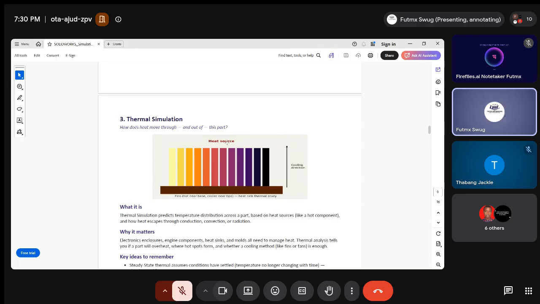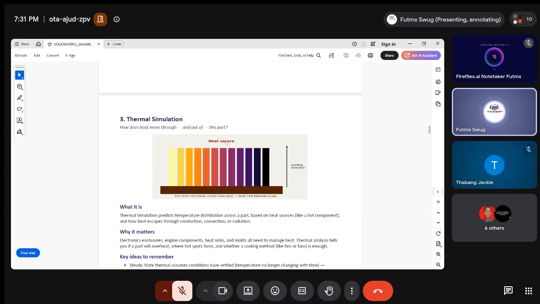I designed a particular part recently for a client, and I needed to show how the heat would be dissipated on that part. So I needed to do a static analysis at work, and then a thermal analysis, and then we were able to see, okay, this is how heat is going to be dissipated in this material.